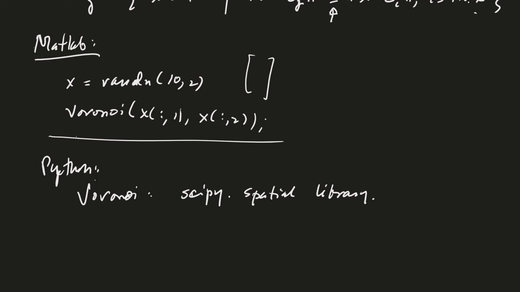Okay, so we'll have to import a few things, and those are in the course notes. Okay, so we have one more quick thing to identify, and then we'll talk about a specific algorithm called the k-means algorithm.